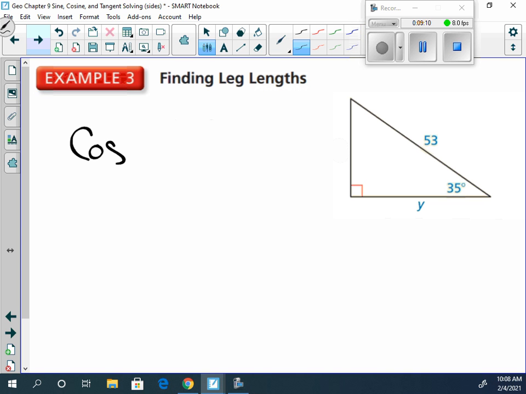So we'd have cosine of 35 degrees is equal to adjacent over the hypotenuse.